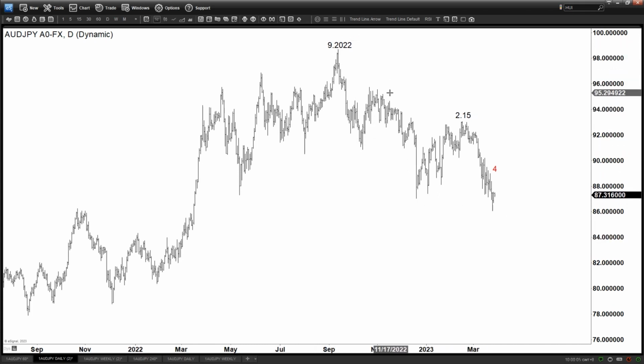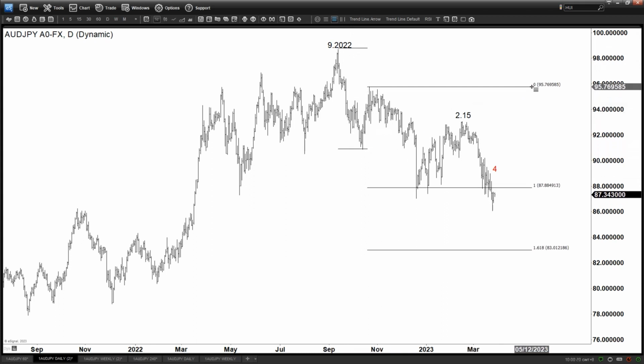Now this is unlikely to be a 5 waves down, and the reason is because this swing number 3 doesn't have any extension, right? If you want to call this 1, 2, 3, 4, 5, typically you want to see wave 3 extended, but here it is only 100% extension.